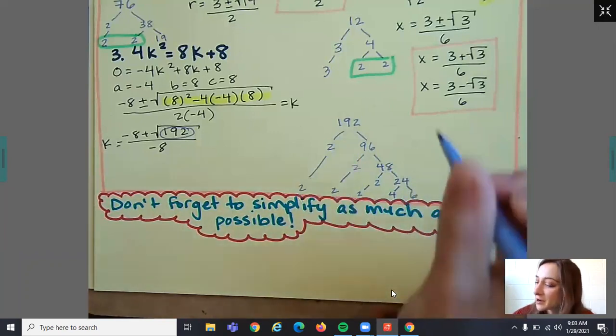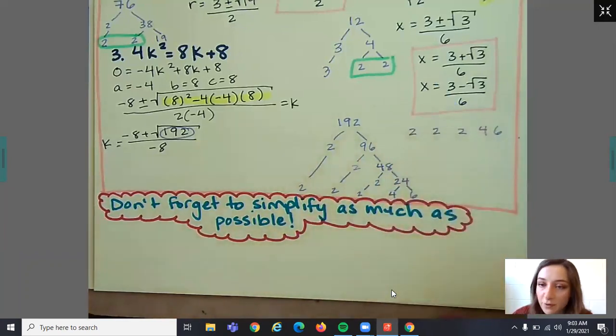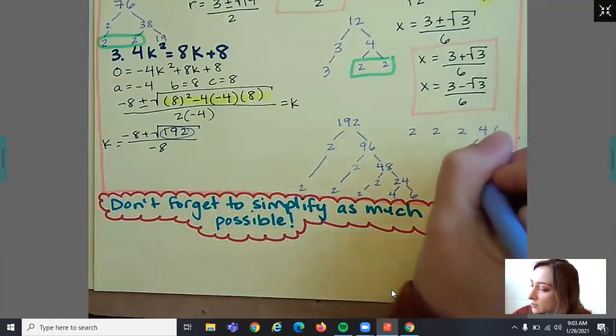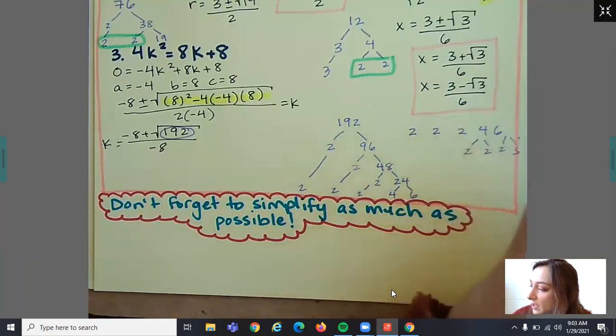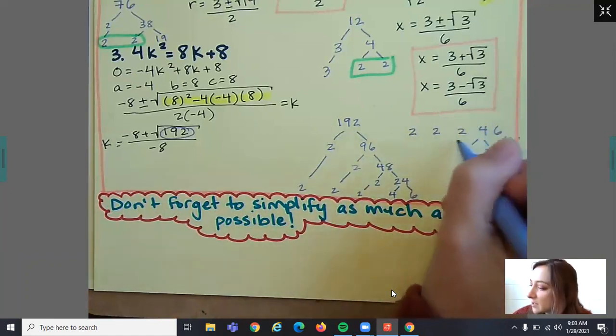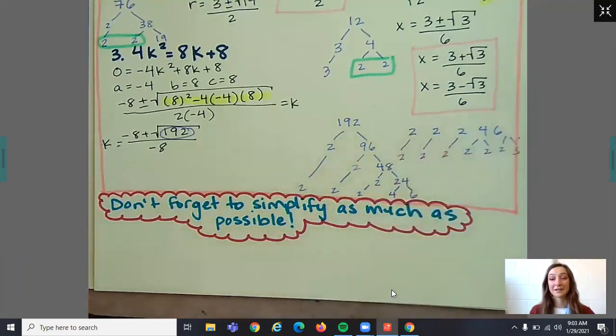Okay, 4 is 2 and 2, and 6 is 2 and 3. Let's bring down all of our 2's so they're all in the same line. This is a really big factor tree. Okay, so we are going to circle our pairs.